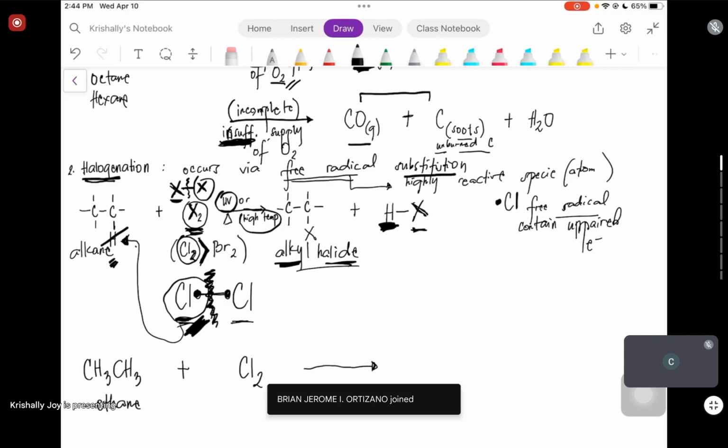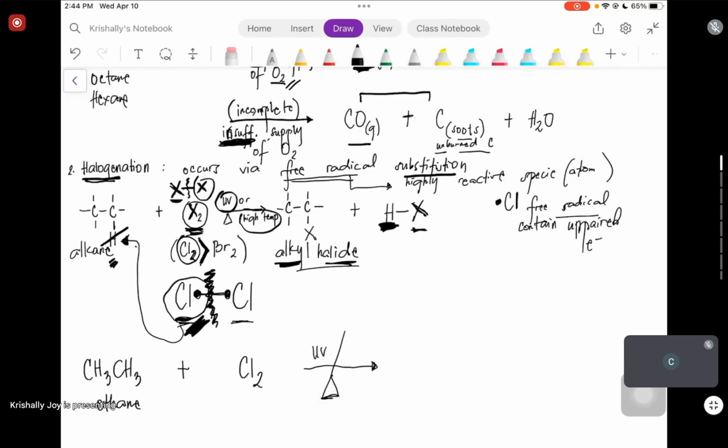For the halogenation to proceed, UV light or an elevated temperature is required here. What is the UV light and elevated temperature for? Simply to break the bond that connects the halogen, the diatomic chlorine. Okay? So that we can produce a free radical out of this halogen.